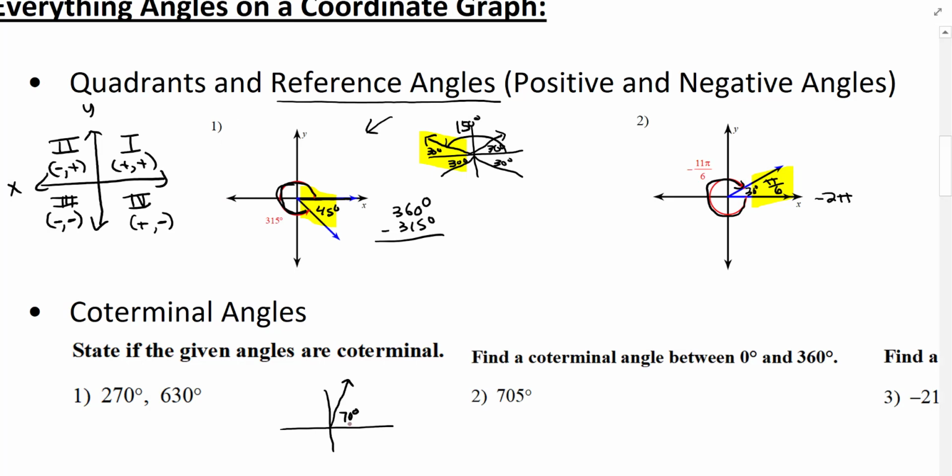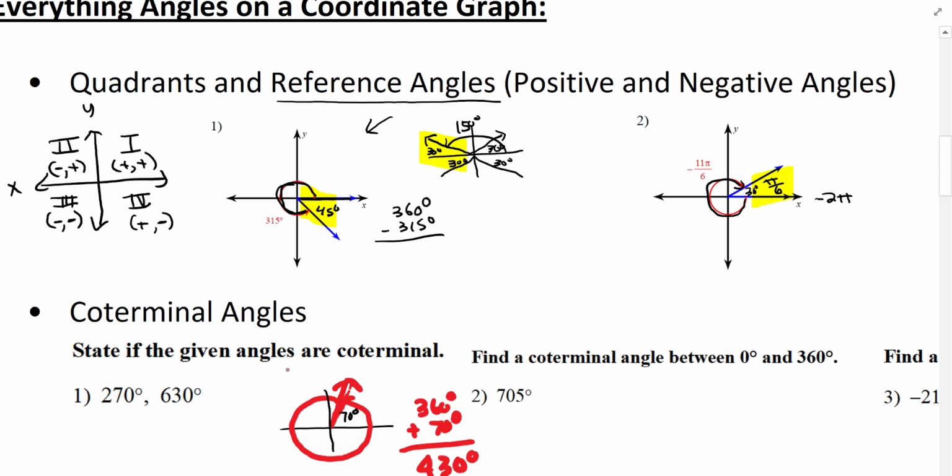All right, but if I then go all the way around the circle and then back up at that point, well, I've gone 360 plus that 70. So 430 and 70 are coterminal angles. They are angles that sit on top of each other.